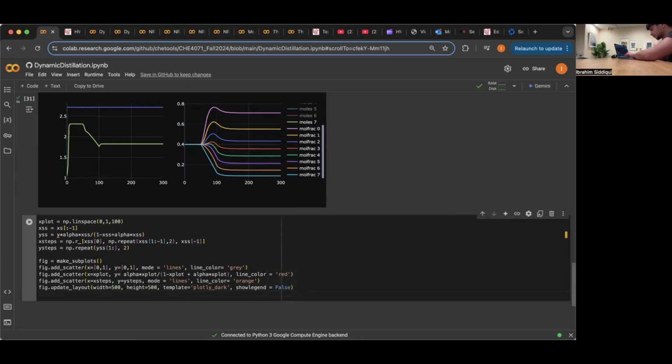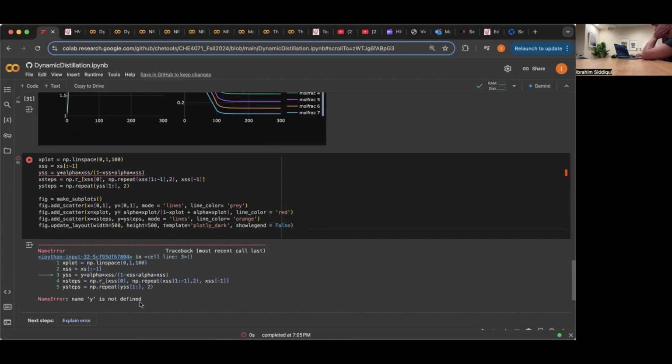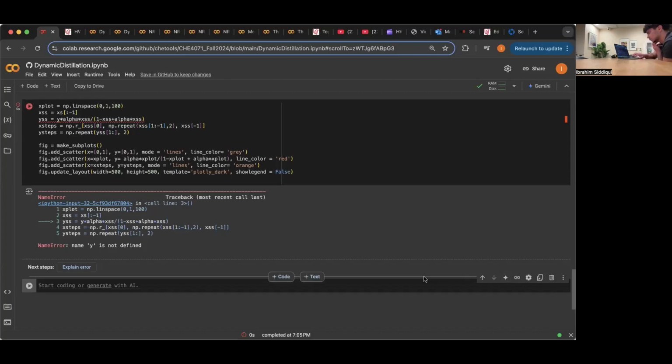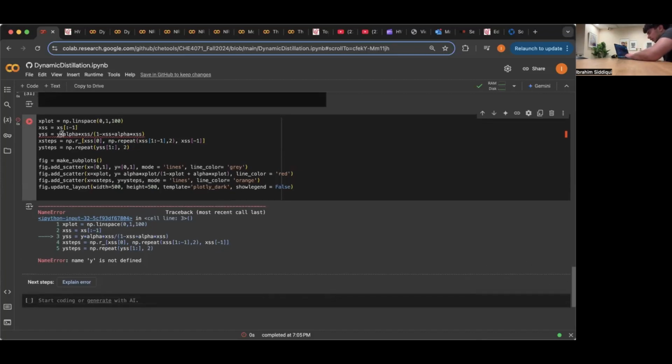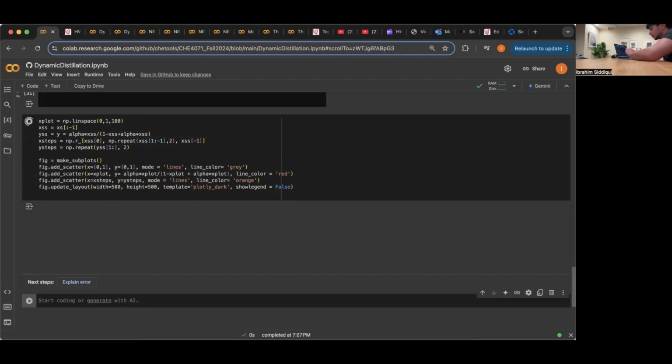Oh, I knew I messed something up there. Okay, so I saw the mistake I made here. This is going to be y equals... I'm not used to that kind of command when we're coding, but let's go ahead and shift enter.